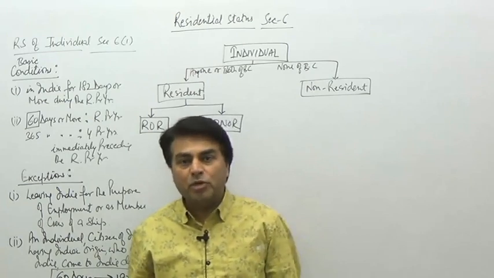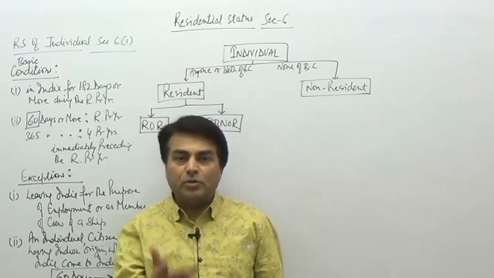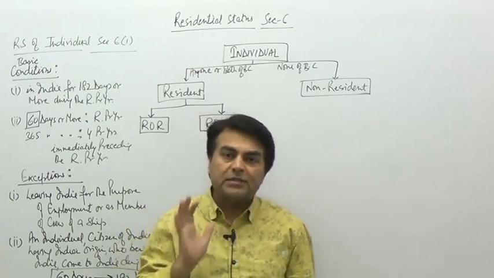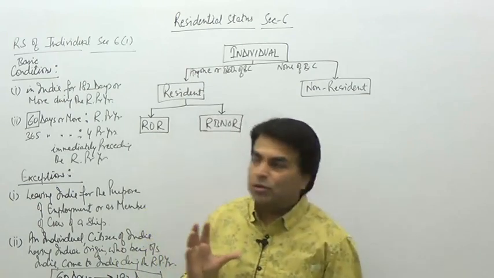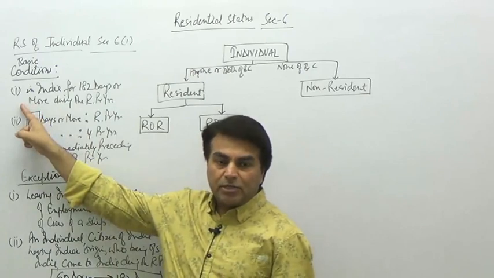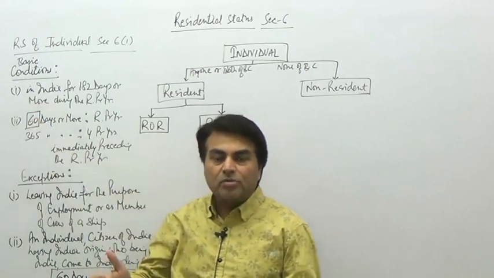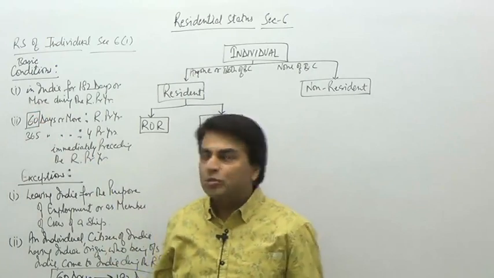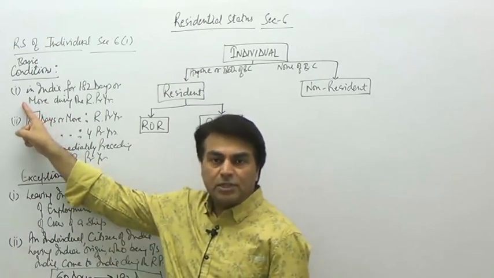Now if we need to work out the RS of this person X, how are we going to check it? We would first apply the basic condition: whether he is in India for 182 days. He is not, because he was there only for 70 days. So he is not satisfying the first condition.